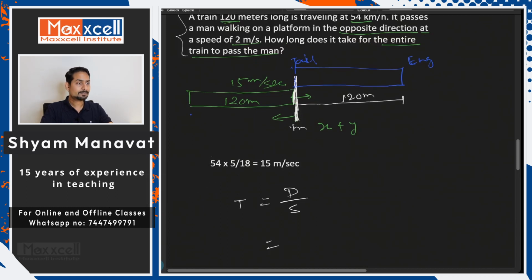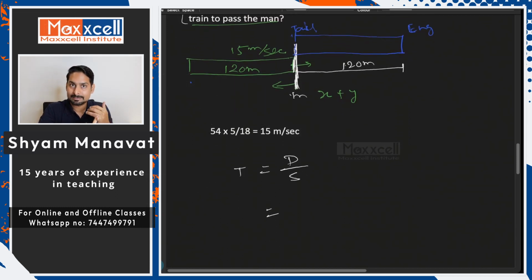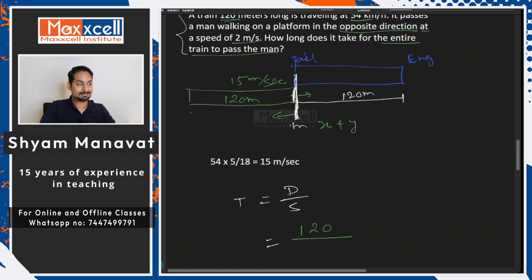You getting it? So apply relative speed and understand that when the train is a long object and in the question they have mentioned the length of the train, you have to consider that as a part of the distance. So the distance which the train has to cross is the length of itself divided by the relative speed.